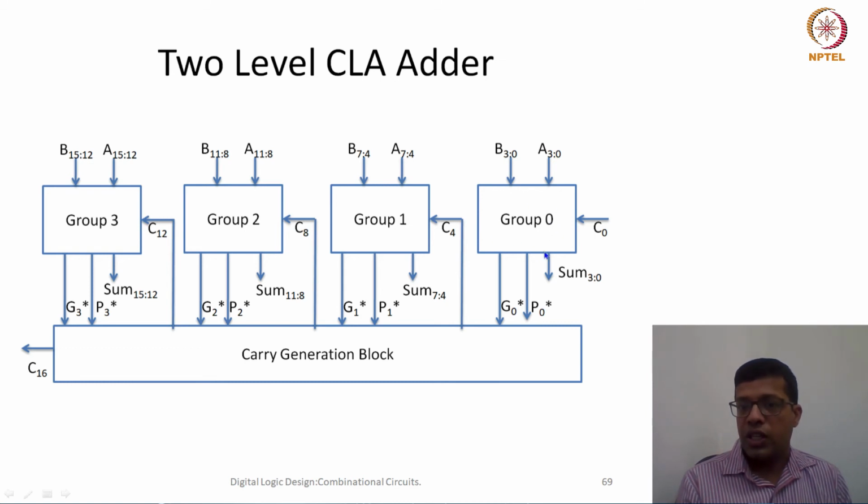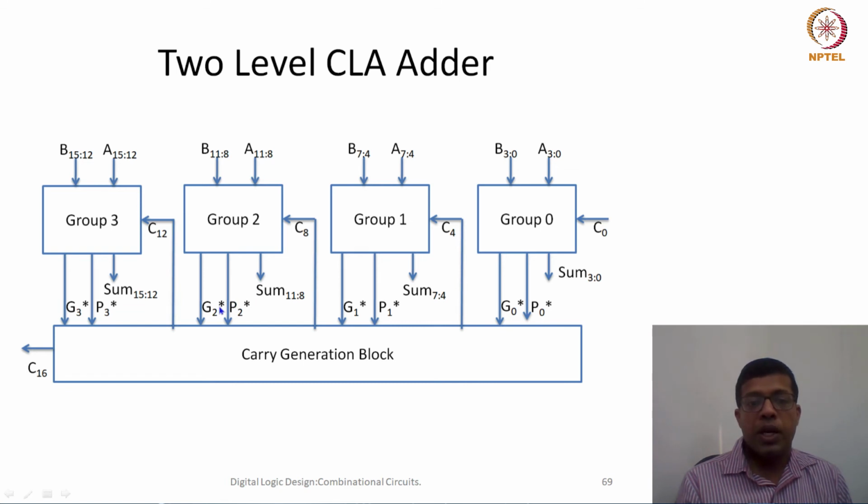It generates propagate and generate signals, and using those it computes the sum. Along with its own propagate and generate signals, it also generates group propagate and group generate signals.